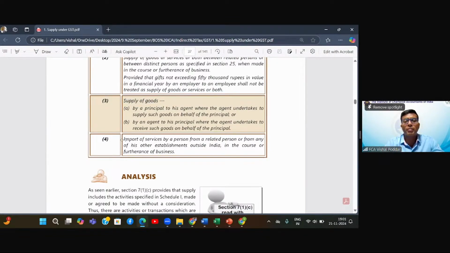And last, again, import of service. अब यहाँ पे import of service में important point क्या है? Import of service is done without consideration because we are studying this schedule 1.